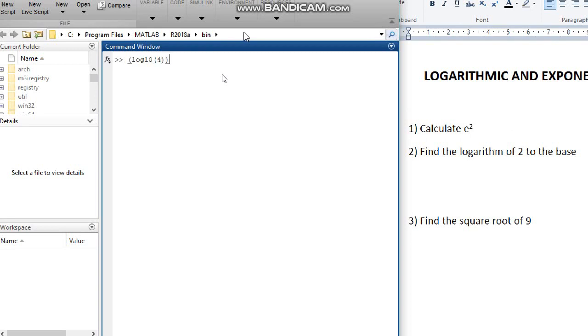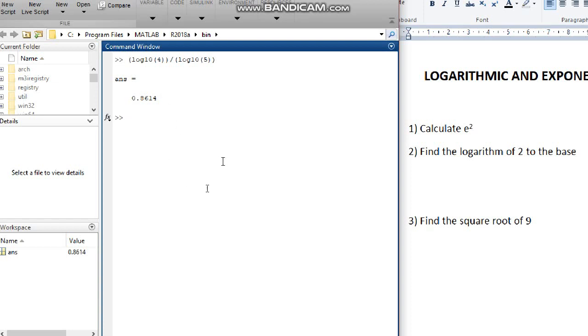Then I divide all that by the logarithm of 5 to the base 10. So this simply gives me the logarithm of 4 to the base 5. If I hit my enter button, we have as answer this. So this is simply the logarithm of 4 to the base 5.